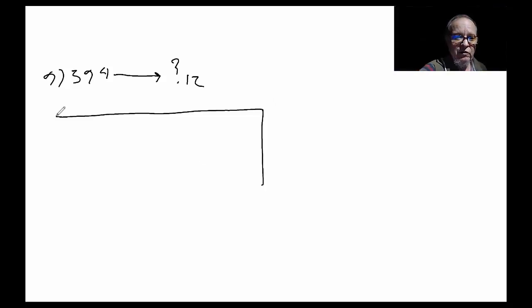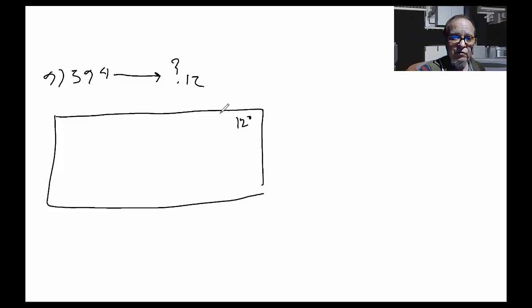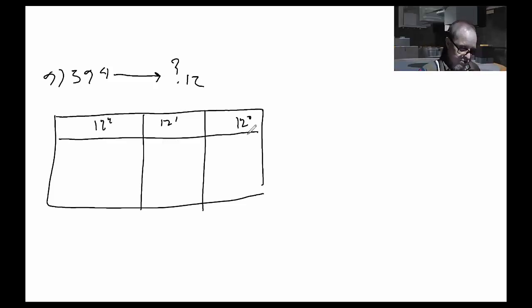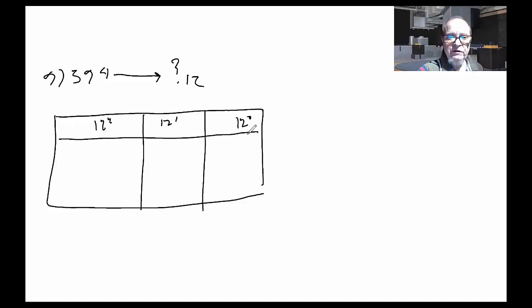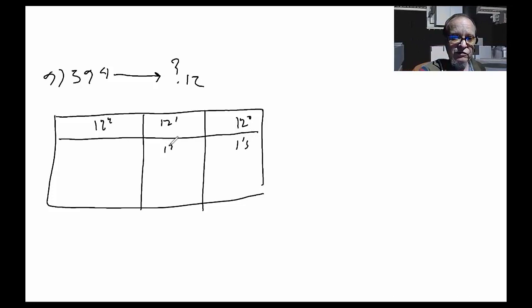So I'll make the table. We have 12 to the 0, 12 to the 1, and 12 squared. And 12 to the 0 is our 1s, 12 to the 1 is our 12s, and this is our 144s.